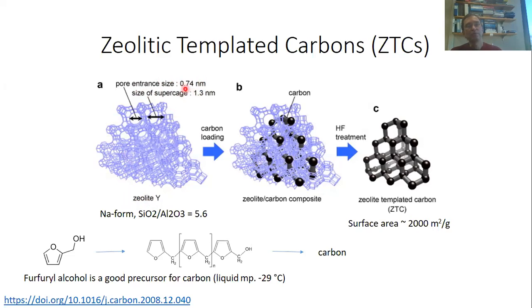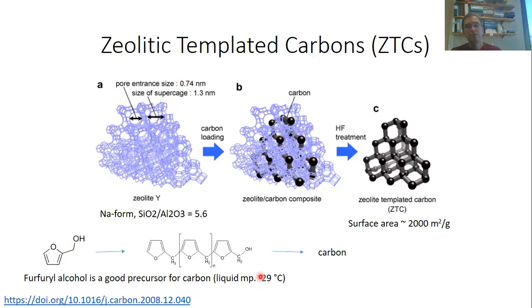So these pores and pore entrances are large enough to allow carbon precursors to enter. In addition to sugars like sucrose, you can, for instance, also use furfuryl alcohol, a molecule shown here. This is also a relatively small molecule, and as an advantage over sucrose, it's a liquid.